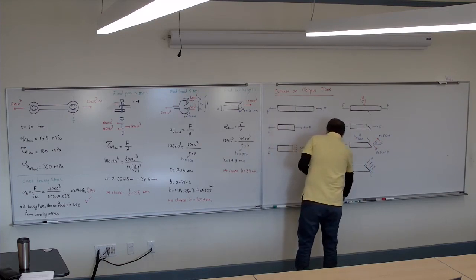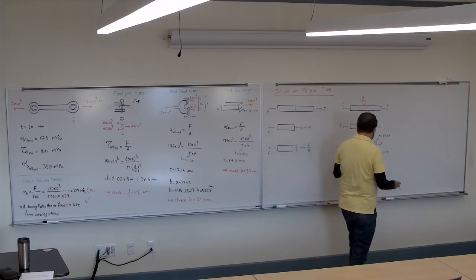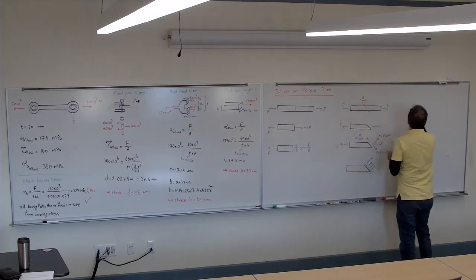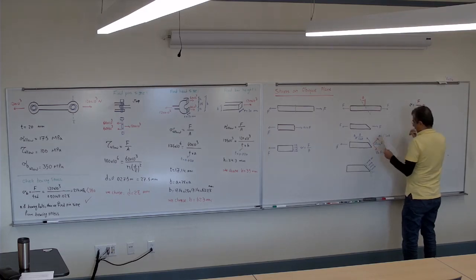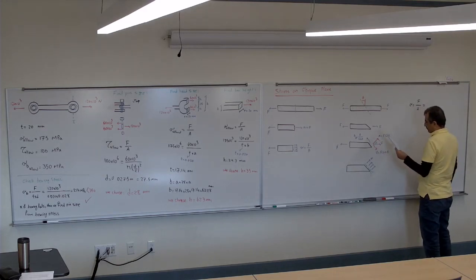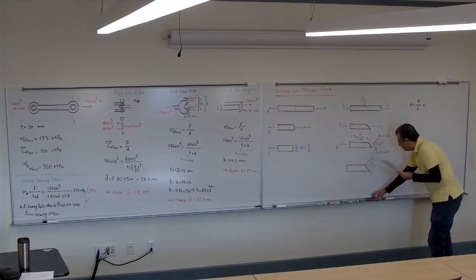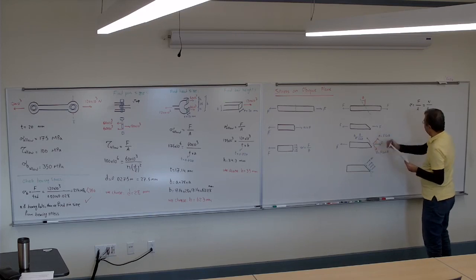So if I know that, then I can say the sigma is the force divided by area, so it's N divided by A theta, normal force divided by that A theta.